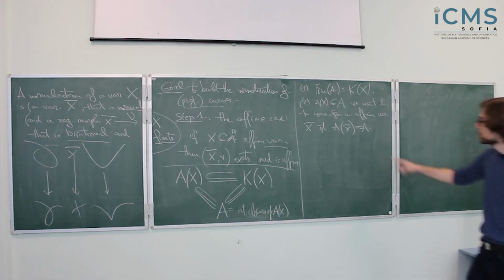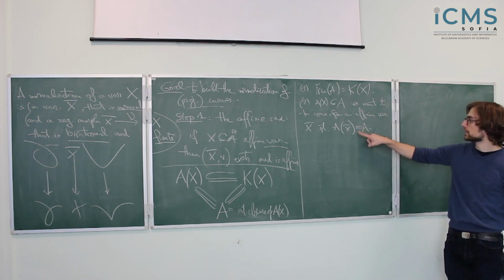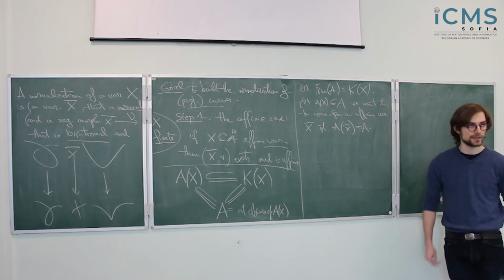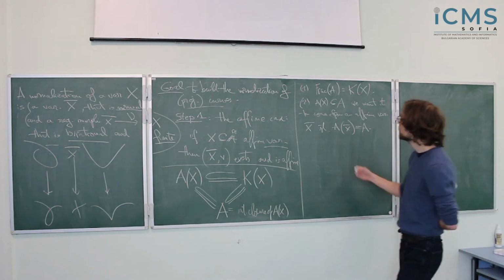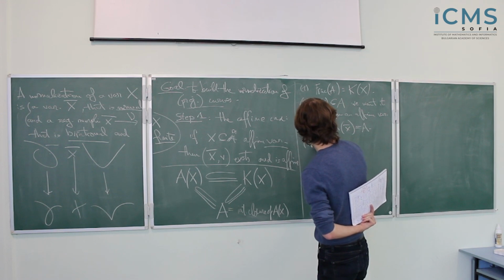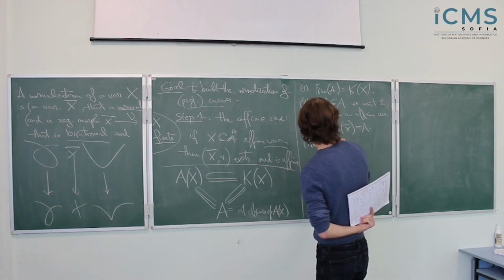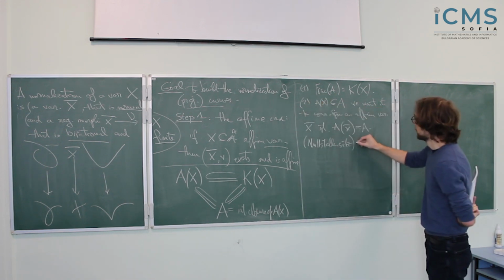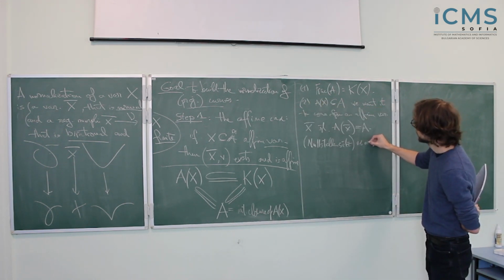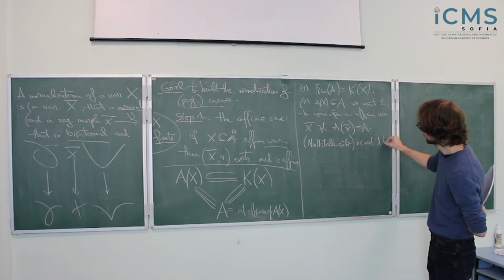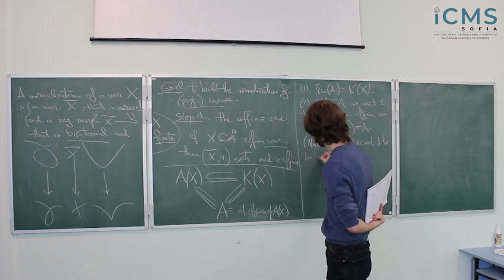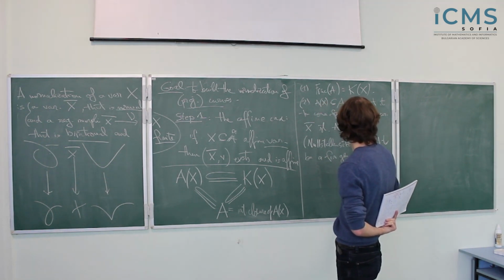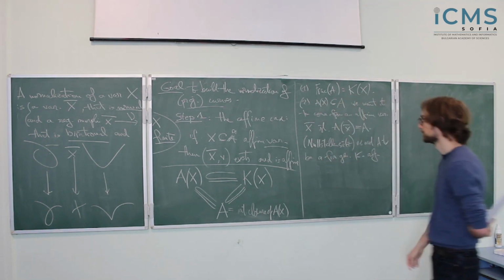But if you remember the correspondence we established when we were talking about the Nullstellensatz, we need the ring A to be a finitely generated K algebra.